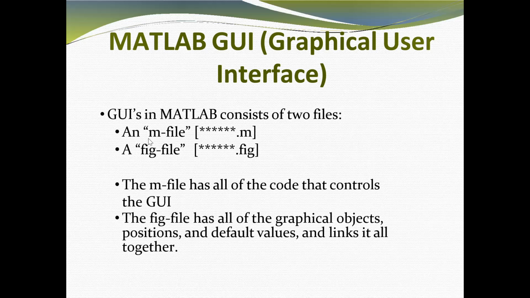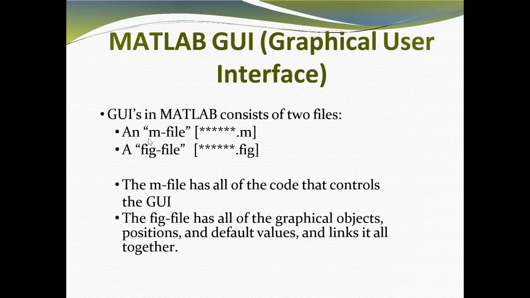So MATLAB graphical user interfaces, as you're working with them, consist of two files. You have what we call an M file, which is a .m, and the figure file, which is a .fig. So the M file has all of the code that controls the graphical user interface, or the GUI, and the figure file has all the graphical objects, positions, default values, and links all together.